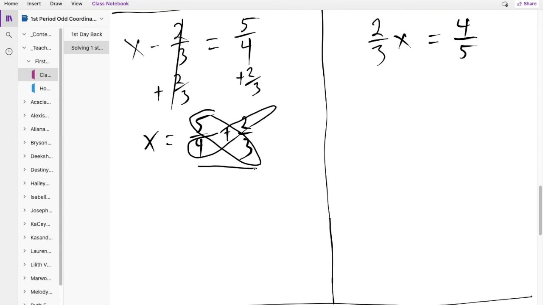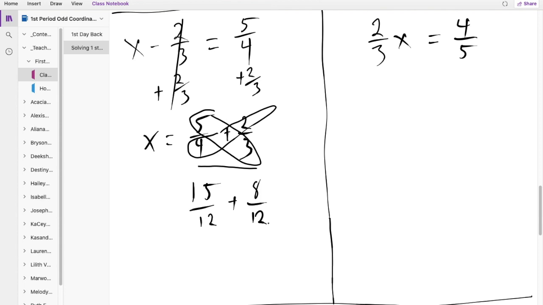So let's try to do that. I'm going to multiply this 3 times this 5, which gives me 15, and this 4 times this 2, which gives me 8, and my common denominator is just going to be 4 times 3, which is 12. Now that I have a common denominator, I can go and add. When you're adding fractions, remember you add the numerators and you keep the common denominator.